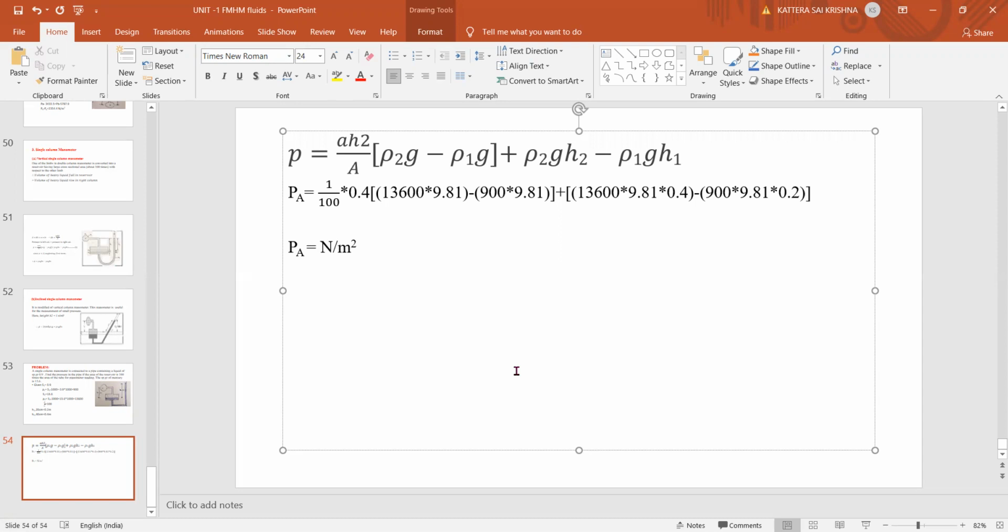Yes, what is the answer? 52127.21 Newton per meter square. Others, you can check the answer.